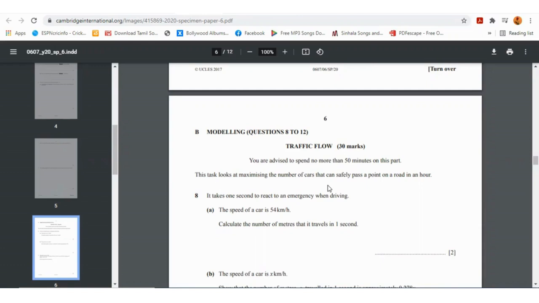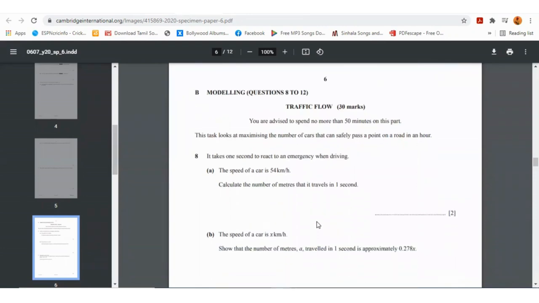Because in the mocks also, the teacher always puts one question which is from paper 6 or paper 5, depending on if it's a core student. So always get them to practice from then itself, because they have to understand how these modeling questions work. And often you have to use the graphic display calculator as well. So you have to bring it in.